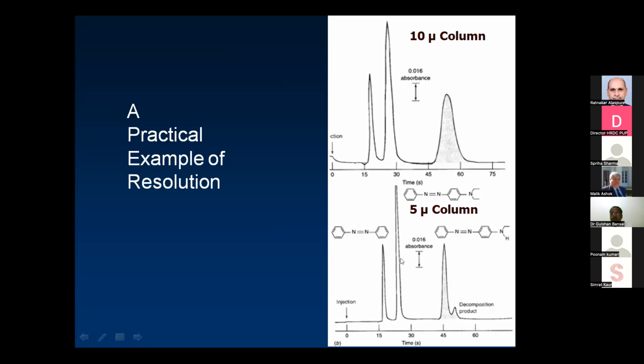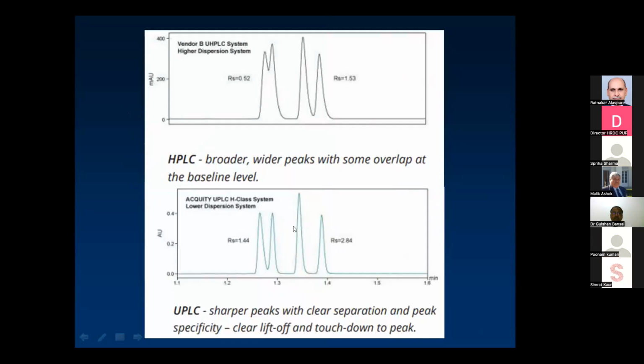This is the chromatogram when the particle size is 5 micron, and you see the peak shapes. This is a larger particle size, this is a smaller particle size, and see here the resolution is greater.